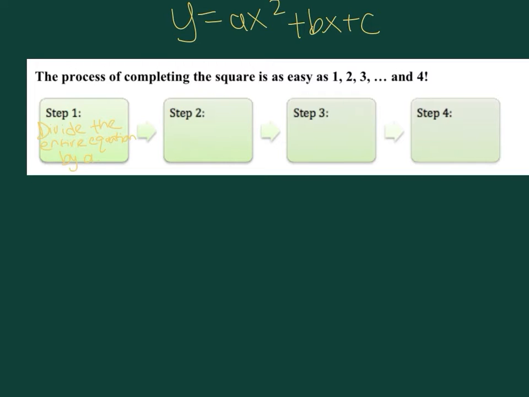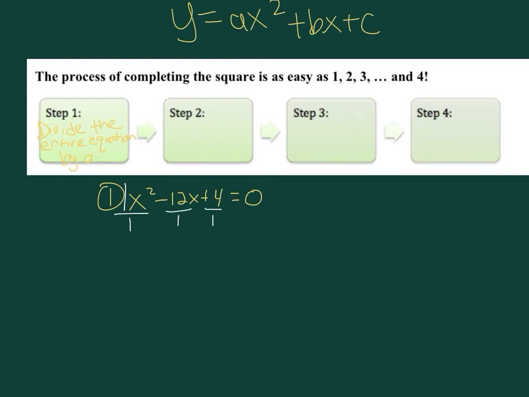So I'm going to do example 1 as we write down the steps to show you an example of how to do this. So example 1 says x squared minus 12x plus 4 equals 0. Well, the a value is 1, so we can divide every term by 1.